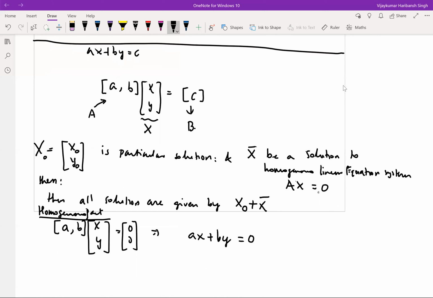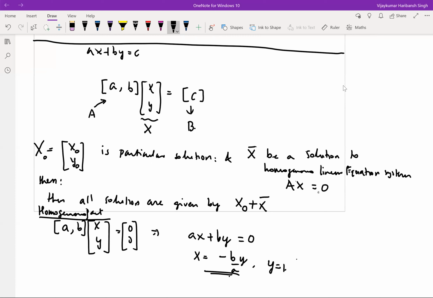This would mean x equals minus b by a times y, right? And then you can substitute this to get your solution for y. So in particular, the better solution comes when you take one of the solutions to be related to the GCD, right? So yeah, you can work it out from there.